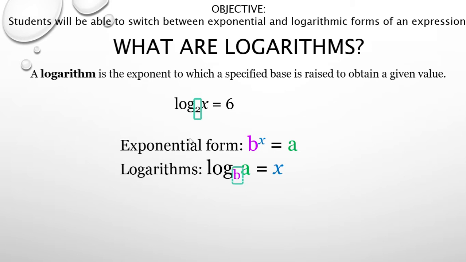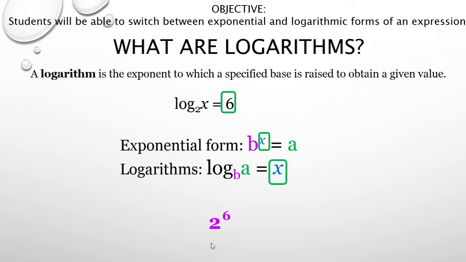So we're going to start off with the 2, and if you notice, the 2 is in the same location as b, so that means in exponential form that 2 is a base. So we are going to go ahead and write 2, and then we have 6. 6 is in the same position as x, so that means it's really the exponent.